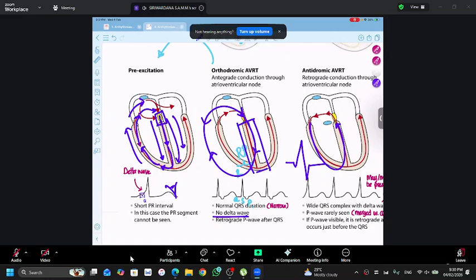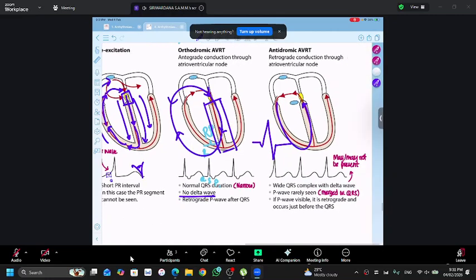And so there will be some abnormalities in the QRS complex. Again, in the P wave there will be abnormalities. There will be an inverted P wave. That will happen usually immediately after the QRS complex. The QRS complex itself is abnormal.